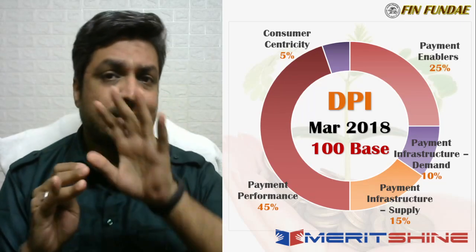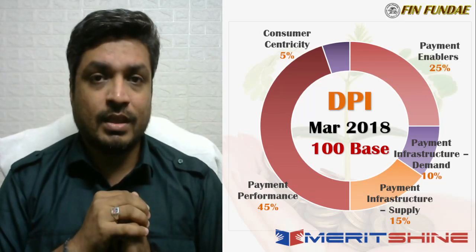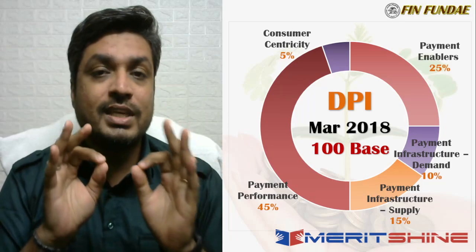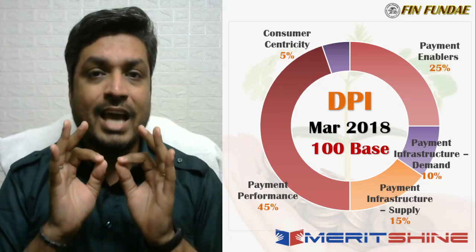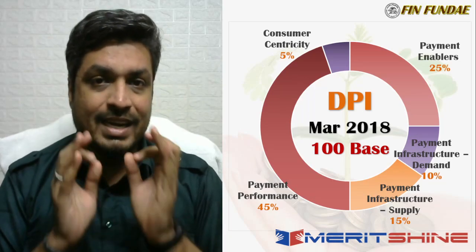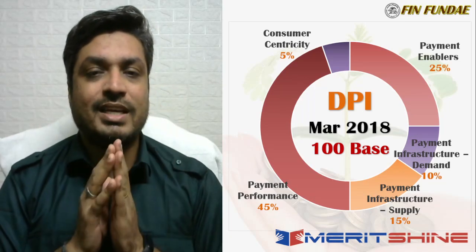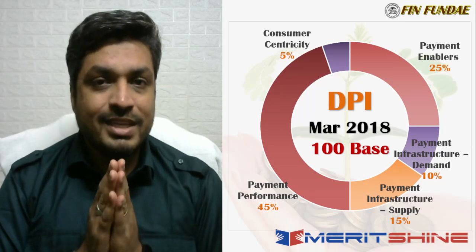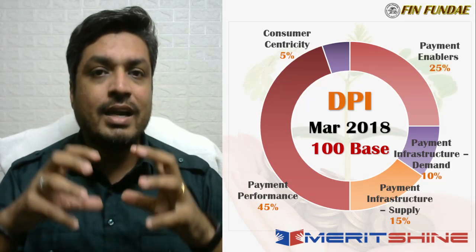Now, what these parameters indicate to us is basically the sophistication of any country as far as its digital payments are concerned. Now, if you look at the weightage, India has given a weightage of 45% to your payments performance, which means right now we still are at a nascent stage.